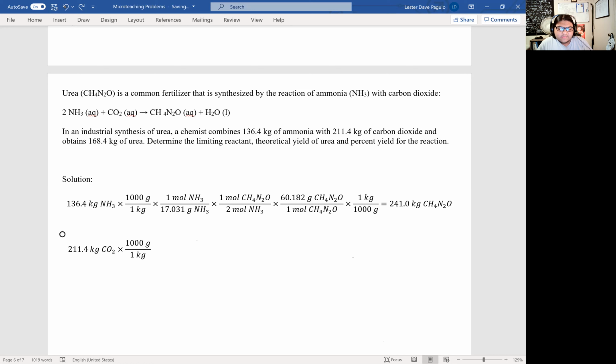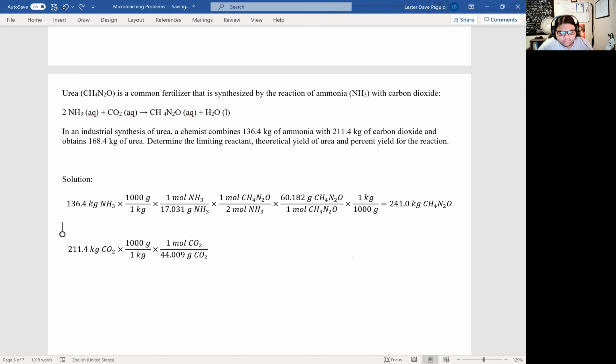We would do the same similar conversion as the previous one. So now we have the grams of carbon dioxide. Now we would need to convert from grams to moles of carbon dioxide.